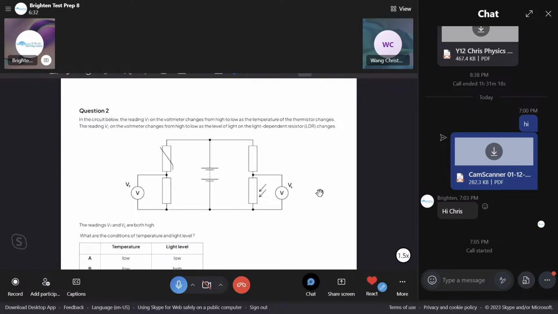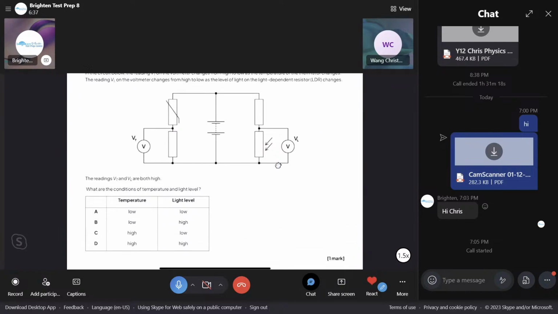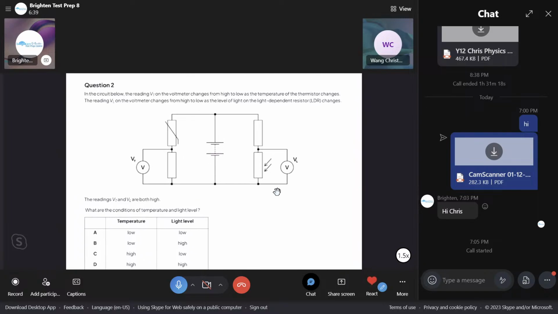So the answer is coming to a very simple point, right? Is the temperature high or low, and is the light level high or low? That is on its own simple enough, but of course to come to the conclusion is not that simple. So how do you proceed, or what is a good start? What do you think?